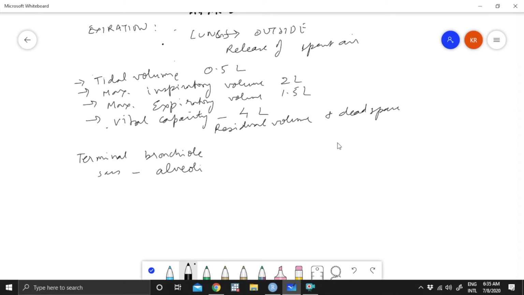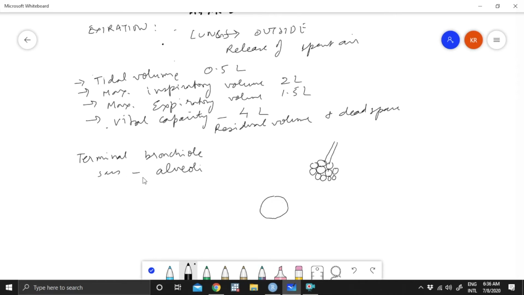This very tiny terminal bronchiole will end up into a bunch of grape-like structures. These are called the air spaces, and each alveolus is very thin, but it is a spherical space.